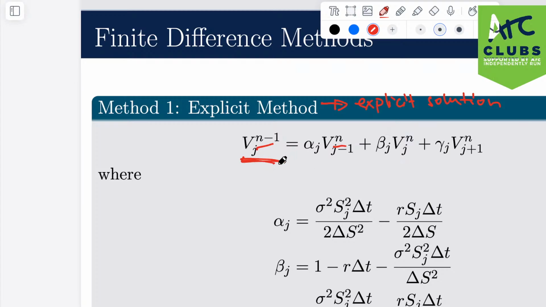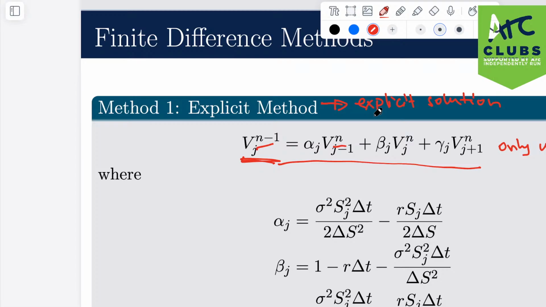It's basically, if you look at this formula, right, the only unknown is V_j to the power of n. We know V_{j-1}. We know V_j^{n-1}. We know V_{j+1}^n. The only thing we do not know is V_j^n, I think. And that's why if we only have one unknown, then we can definitely find an explicit method.